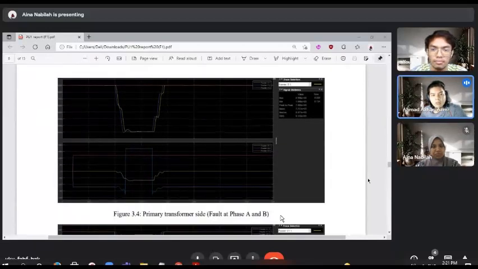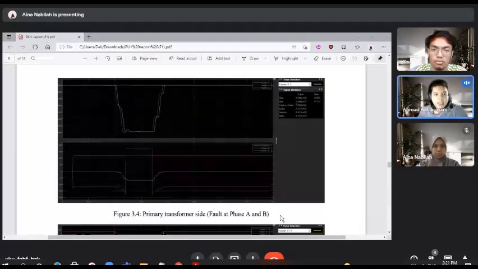So next we conduct the experiment where the fault is at phase A and phase B. So this is the chart at the primary transformer site.